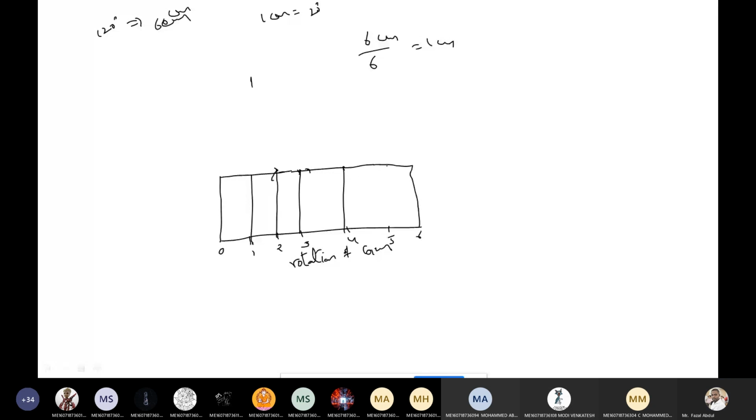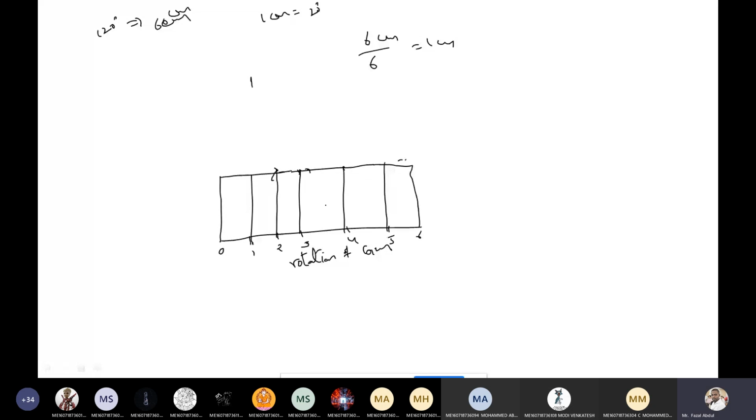Third part. Like this, need to divide. Okay, divide this horizontal line into 6 equal parts. After dividing, giving the names, draw the vertical lines like this.